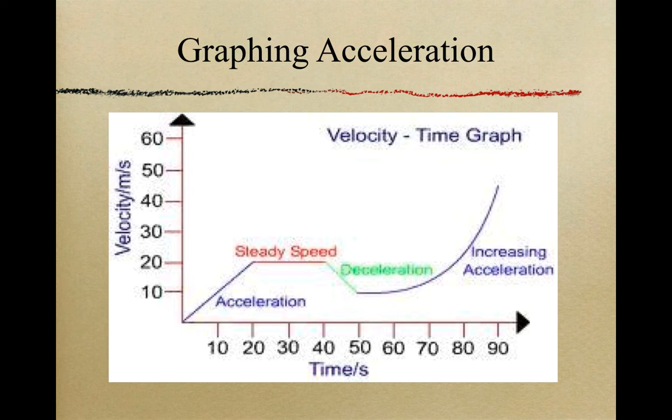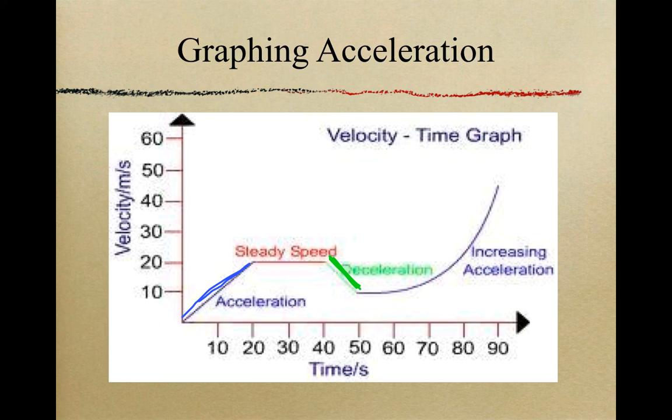So here we have a graph showing acceleration, time on the bottom, velocity on the y-axis. This first segment here, that's that positive acceleration. Our green line here is our negative acceleration.